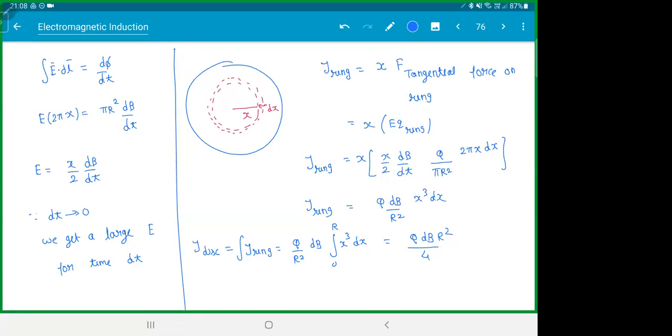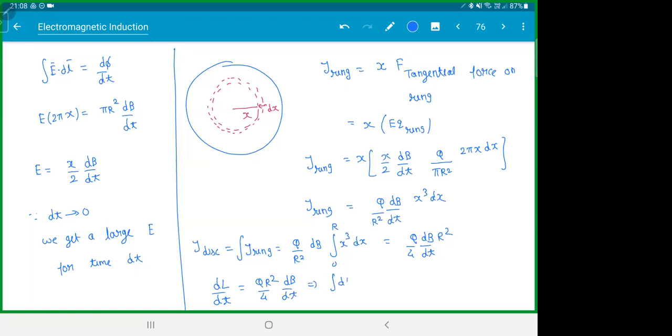There is a dt here also, I forgot that. This will be dL by dt is equal to q r square by 4 dB by dt. dt goes off.